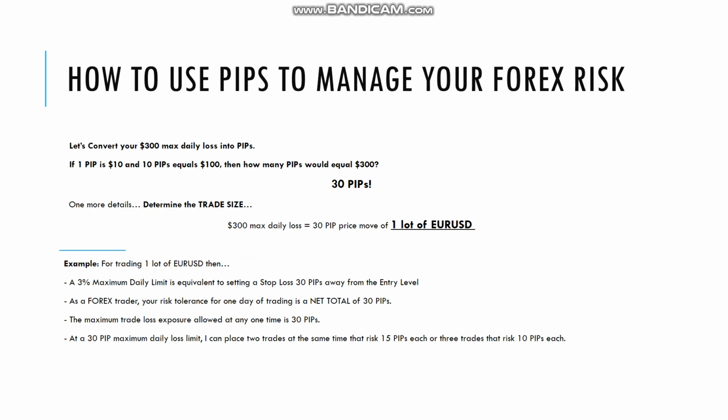At a 30 pip maximum daily loss limit, I can place 2 trades at the same time that risk 15 pips each, or 3 trades that risk 10 pips each. We recommend that you memorize this slide. There's a lot of important statements here that you should understand. If you read them a few times, they'll start making more sense.